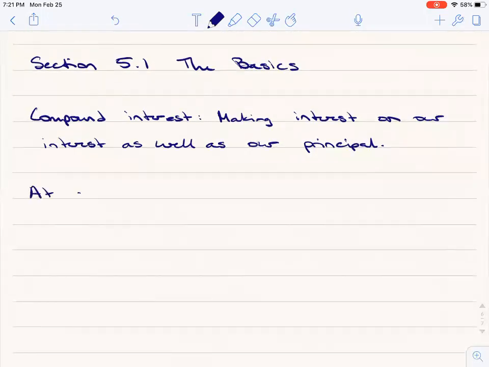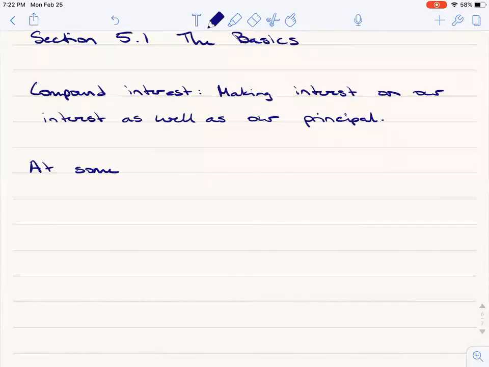So at some specified frequency, it's not happening all the time, although it can, and I'll show you how that works, but at some interval, every month, let's say, the bank checks in and says, you've made this much in interest, I'm just going to smush it together with your principal. And now you're earning interest on all of that.